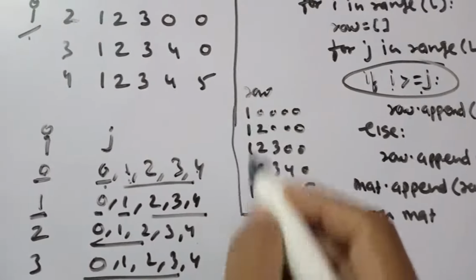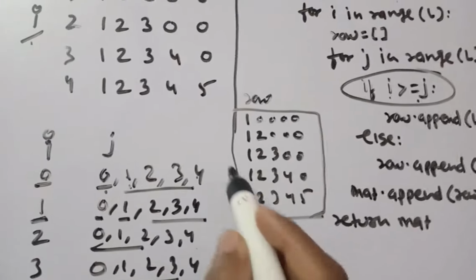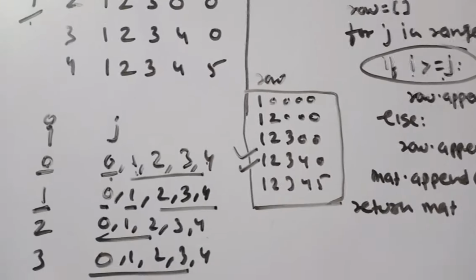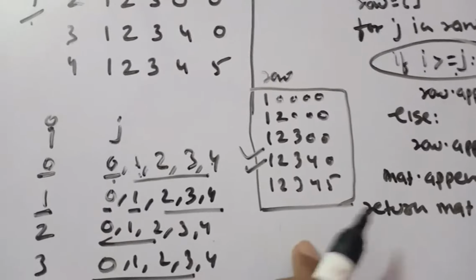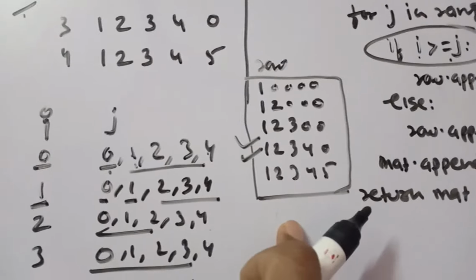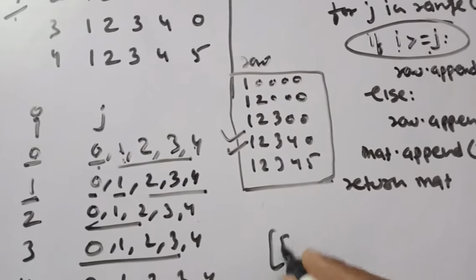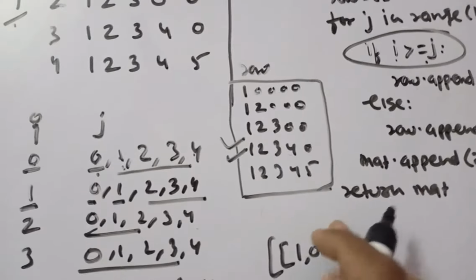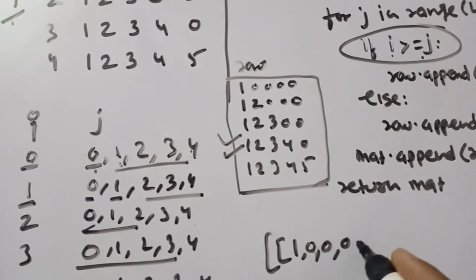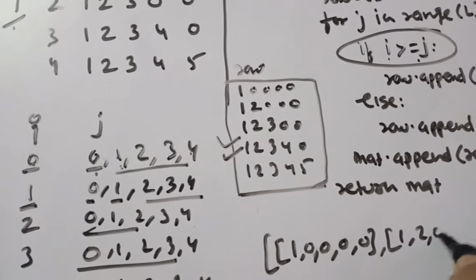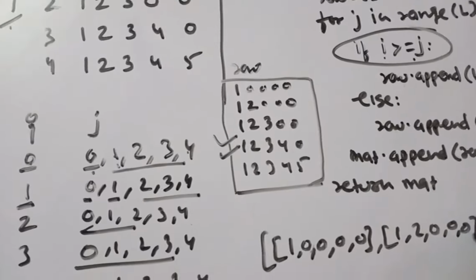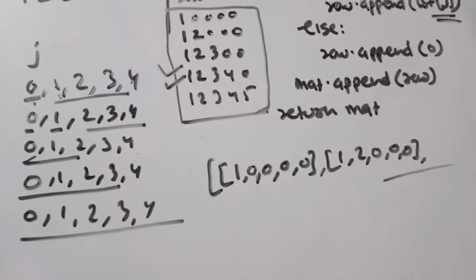As I told you in the previous video, this is not the pattern created. This is the pattern shown. Basically, the nested list will be created as 1, 0, 0, 0, 0, 1, 2, 0, 0, 0, like this.